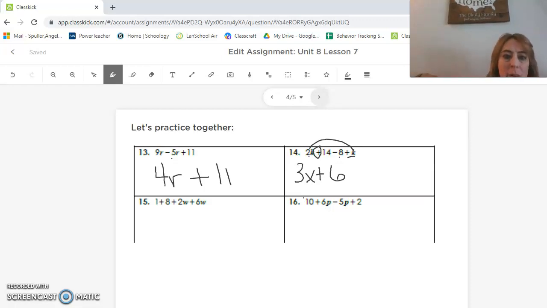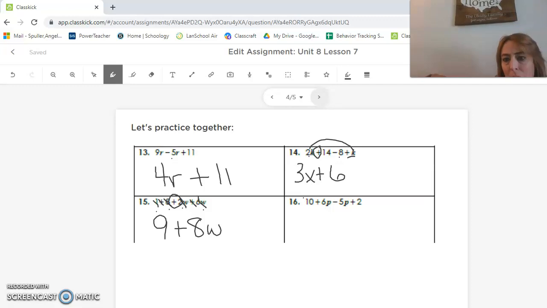All right, so here we go. 1 plus 8 is 9. And then I have 2w plus 6w is 8w. Use the plus, use this, and this. So all that's left is the plus that goes between. Okay, here we go. 10 plus 2 gives me 12.